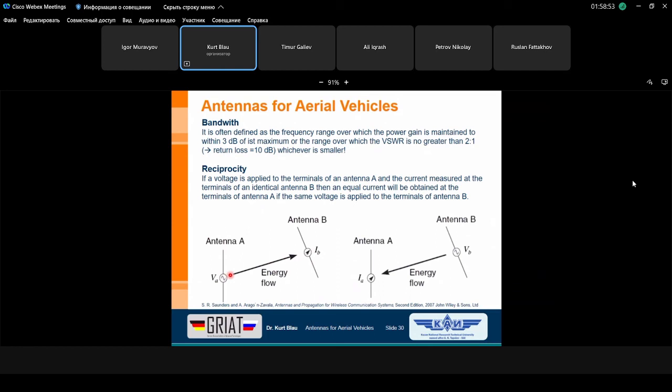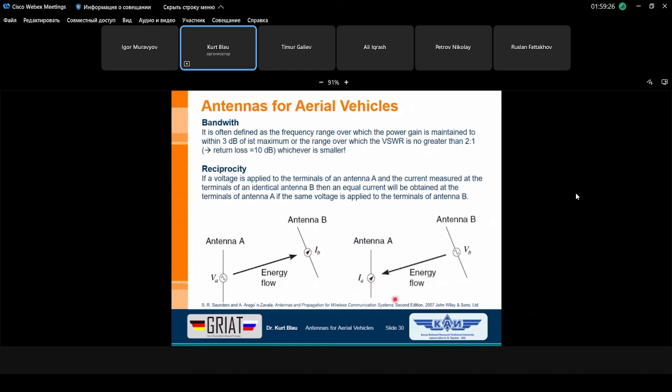High frequency energy is radiated to the antenna B, and the antenna B receives the energy and creates along the wires a special current, and this current is named current B. And if both antennas are reciprocal, the current B has also to flow.